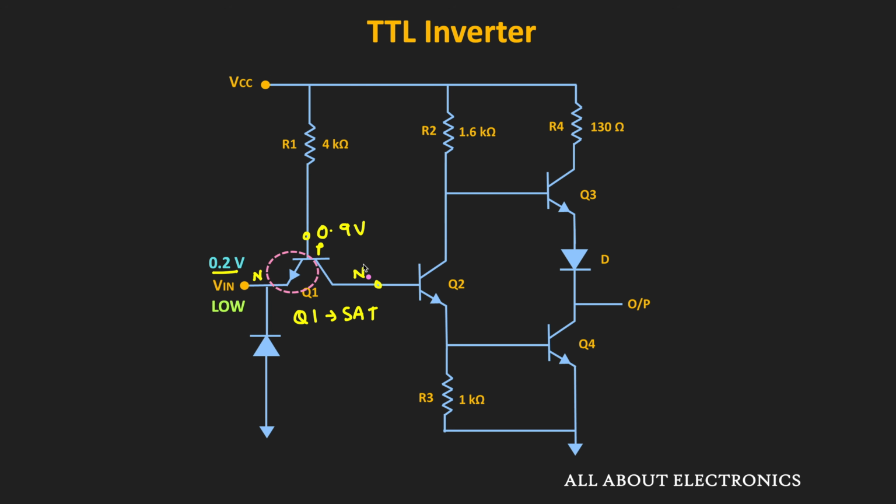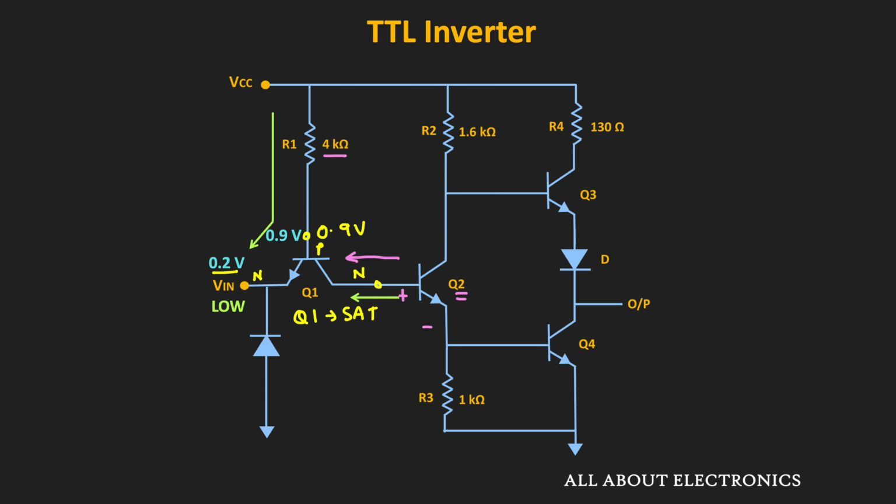Since this Q1 is operating in the saturation region, the small amount of current is going away from the base of the Q2. Moreover, the base of the Q2 does not have sufficient voltage to turn on this transistor Q2, and therefore in this condition only a small amount of current will flow in this direction, and through this 4 kilo ohm resistor the majority of the current will flow in this direction.